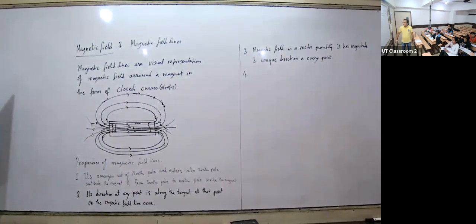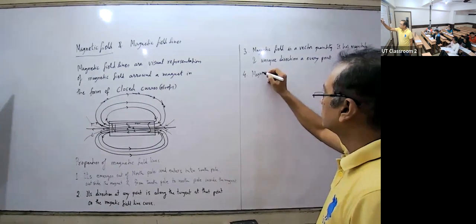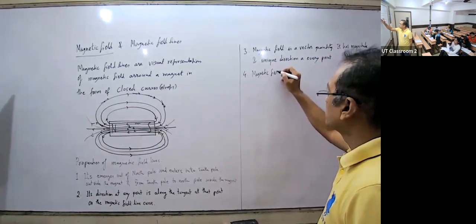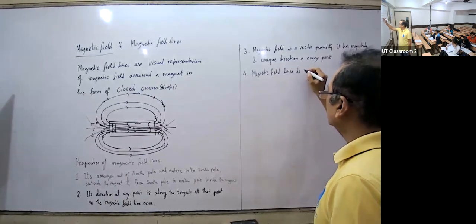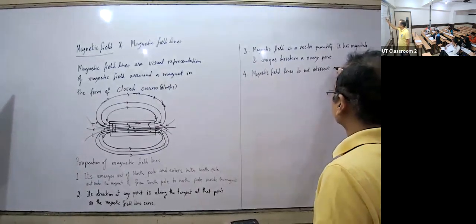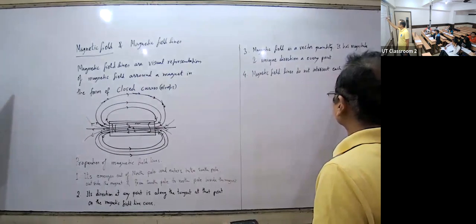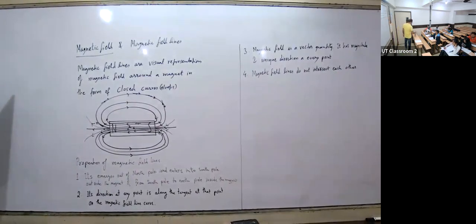Fourth, magnetic field lines do not intersect each other. Question is why?